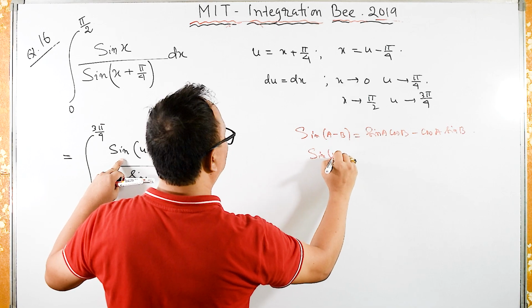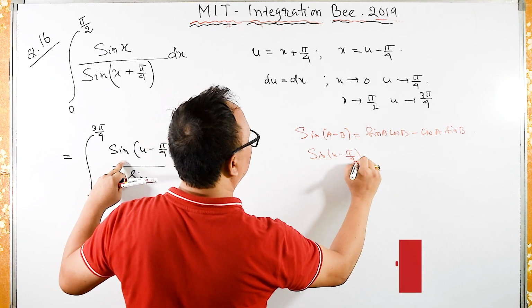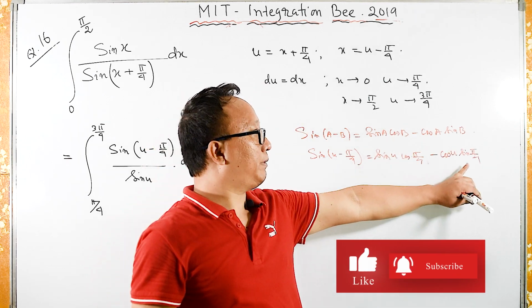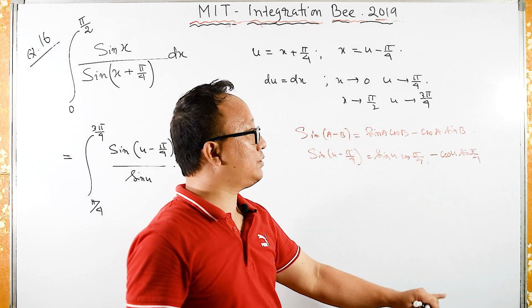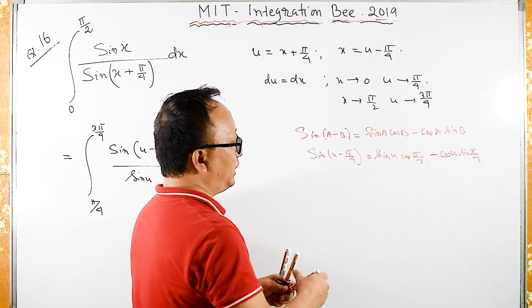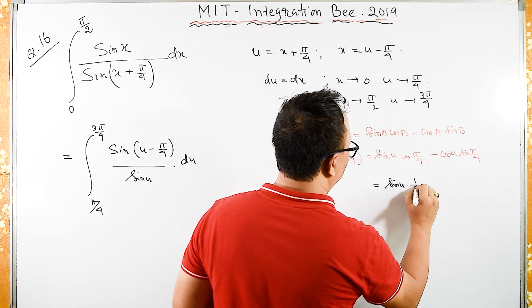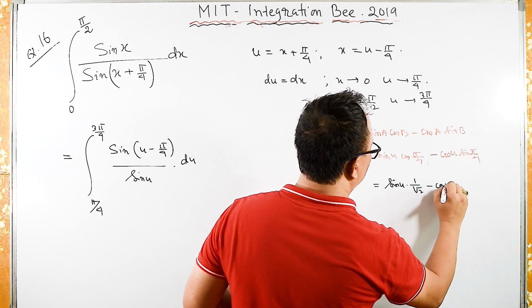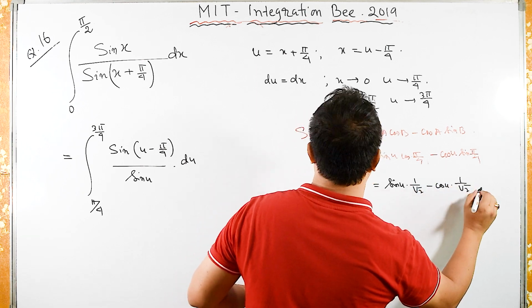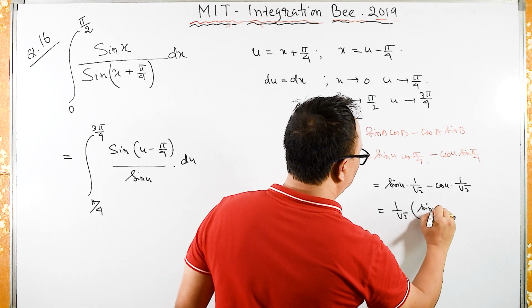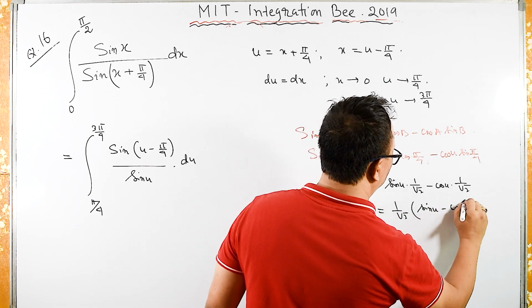Sine of u minus pi by 4 is the same as sine u cos pi by 4 minus cos u sine pi by 4. The values are the same because it's 1 by root 2. So here we have sine of u into 1 by root 2 minus cos of u into 1 by root 2. If I take 1 by root 2 common, what we have is sine of u minus cos of u.